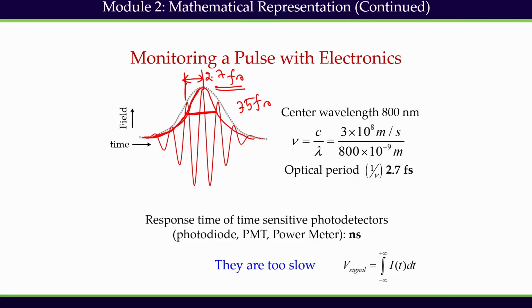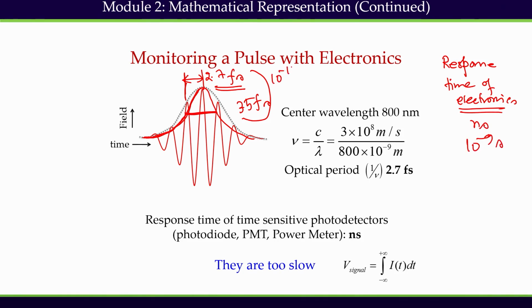So if we look at this time scale and compare it with the response time of electronics, it is going to be nanosecond, which is 10 to the power minus 9 second, and these are femtosecond, 10 to the power minus 15 second. They are way too fast as compared to the response time of electronics.